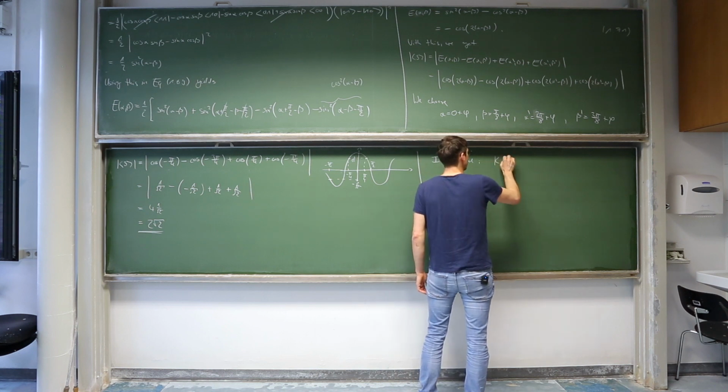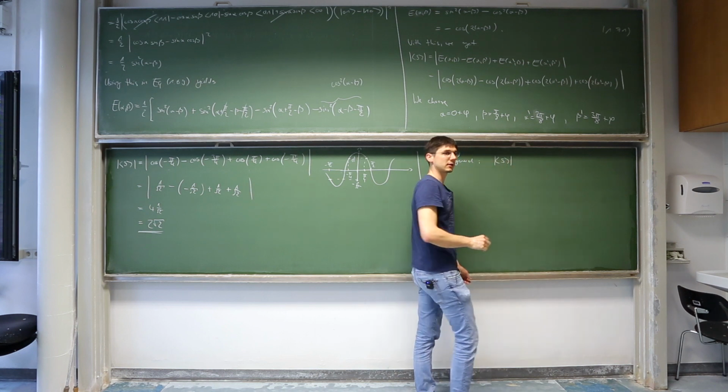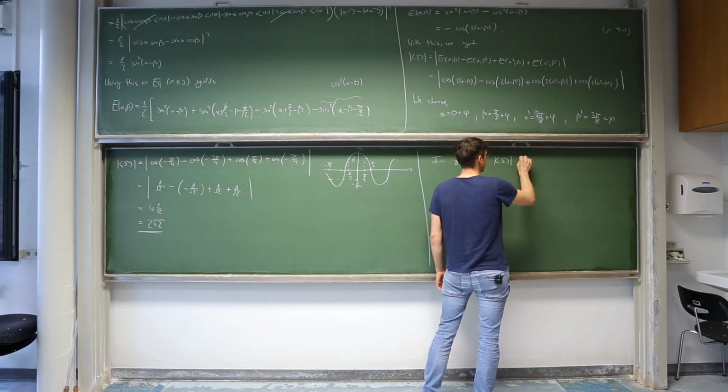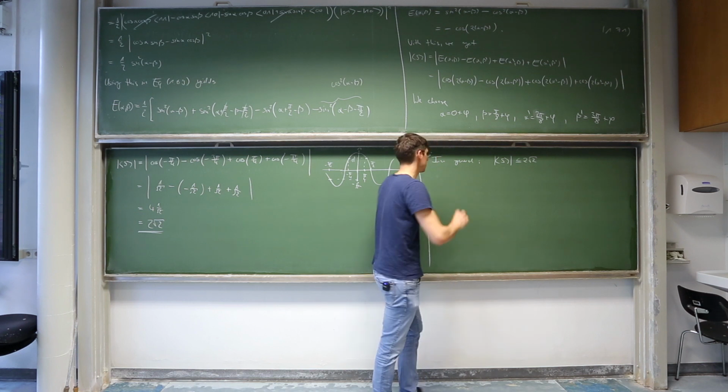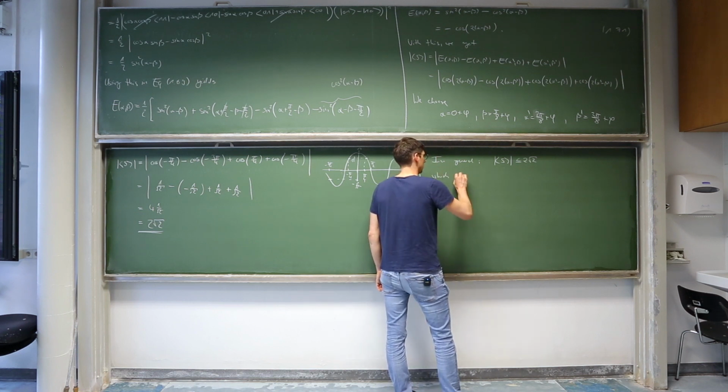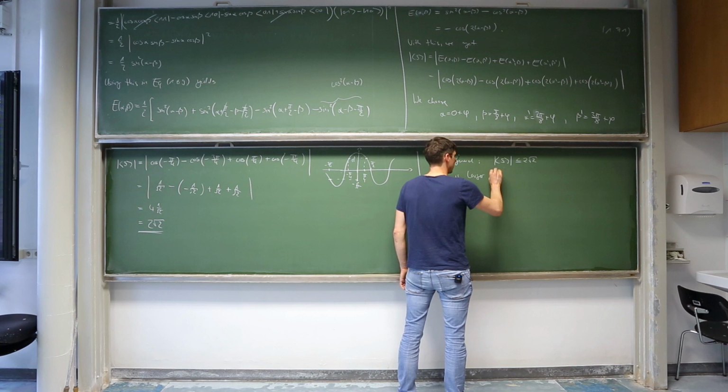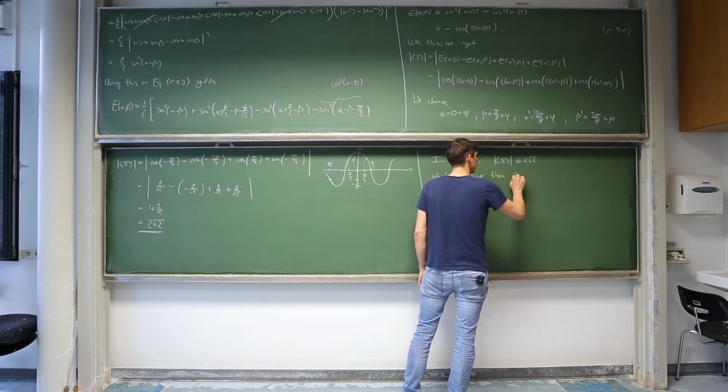That for a quantum mechanical description, this parameter is smaller or equal to 2 times square root of 2, okay? Which is larger than 2.